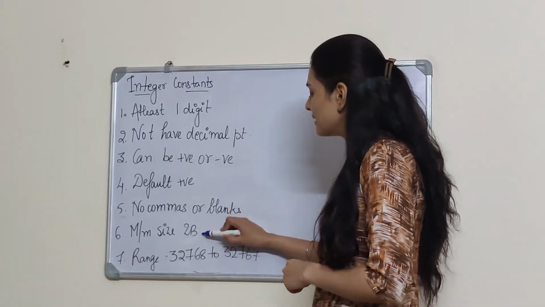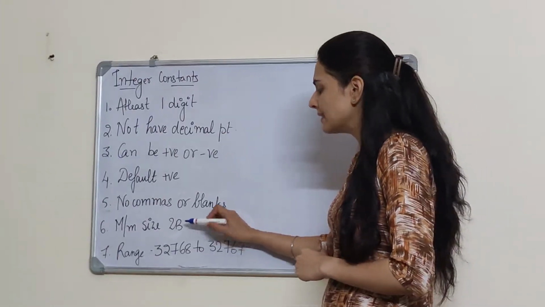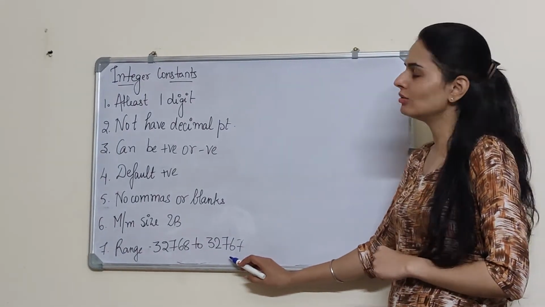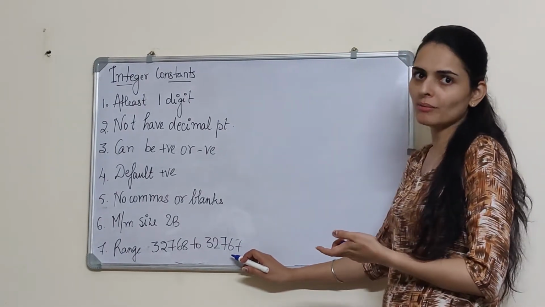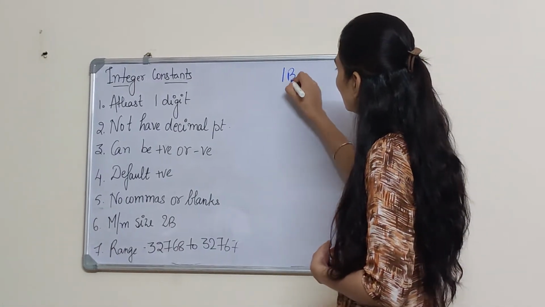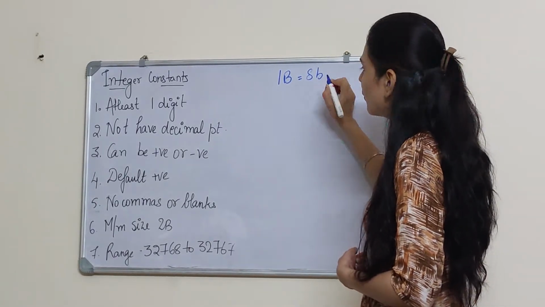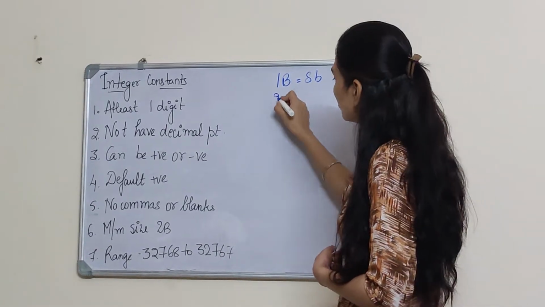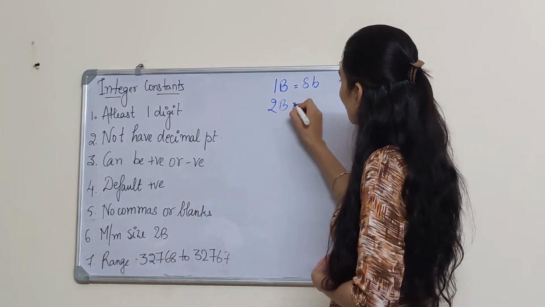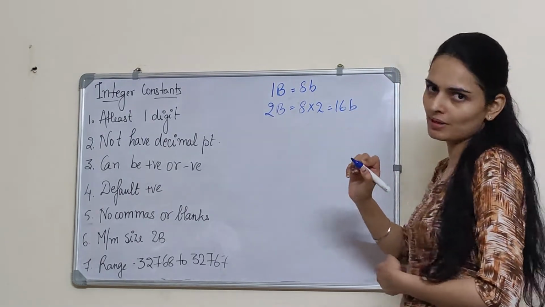Now the memory size that integer constants acquire is 2 bytes. Next we need to understand what is the range of values that can be given when we are talking about integer constants. So before understanding that, we need to understand that 1 byte of memory size is equivalent to 8 bits, and since an integer constant is acquiring 2 bytes, it will acquire in total 16 bits of memory size.